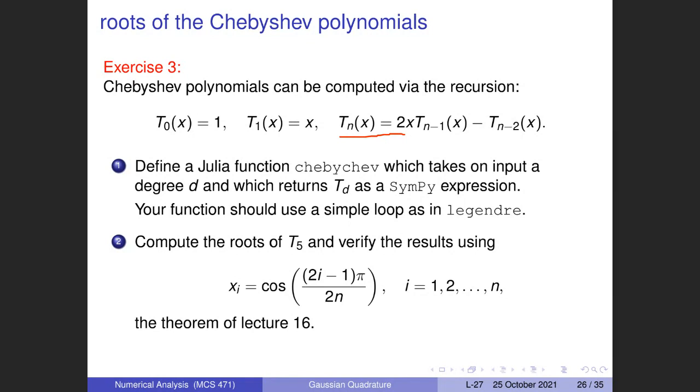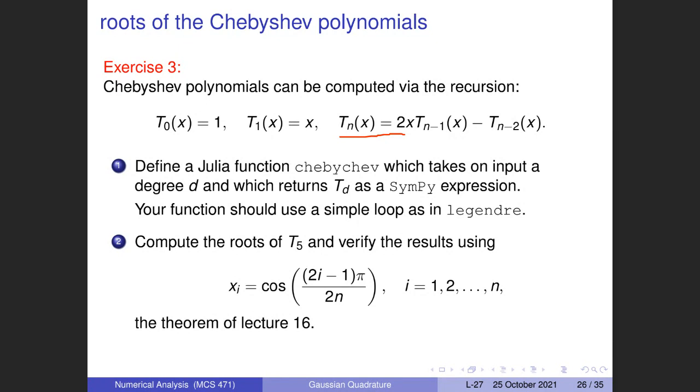So this is a symbolic numeric exercise. We already know the roots of the Chebyshev polynomials. That was a main theorem. I think we proved that theorem in lecture 16. So you can compute, just like with the previous loop, the results on the previous slide. You should compute the backward error. But here we have an explicit formula for the Chebyshev roots. You also use the roots of the companion matrix, so you can use the same function again.